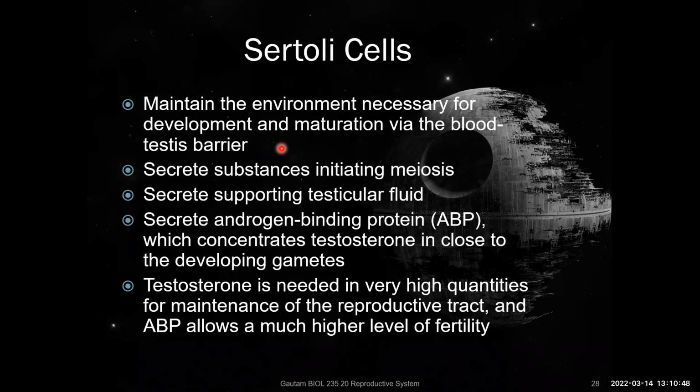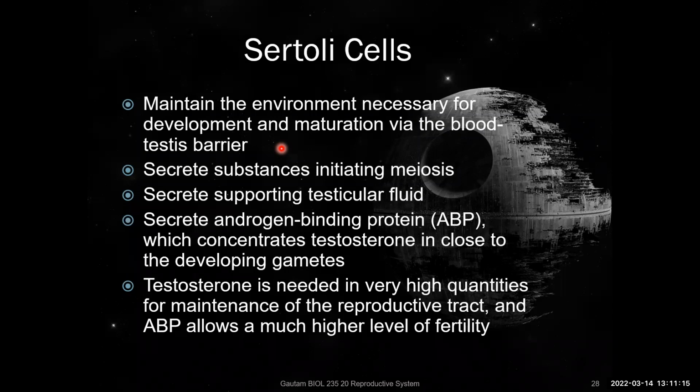You need sex cells that have only half the number of chromosomes, because each sex cell is going to fuse with another sex cell, the female sex cell in this case, which will also have half the number of chromosomes. Together, those 2 halves are going to make one complete genome. Sertoli cells also support testicular fluid, which just means the fluid portion of the semen.